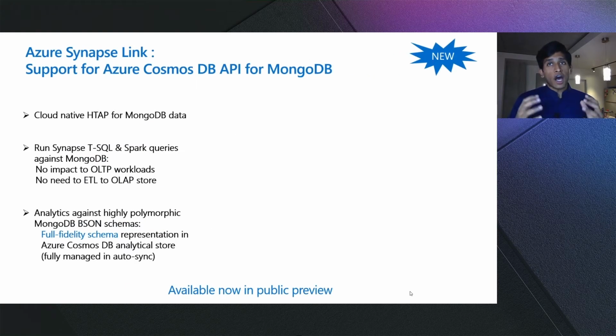Next, we're also very excited to announce public preview of support for Azure Cosmos DB API for MongoDB in Synapse Link, along with the core SQL API of Cosmos DB, which is already in public preview for Synapse Link. Synapse Link now provides a cloud-native HTAP capability for customers who have chosen to build their application stack on MongoDB in the cloud by choosing the Cosmos DB API for MongoDB.